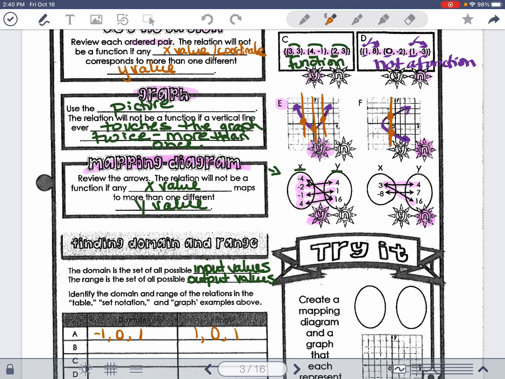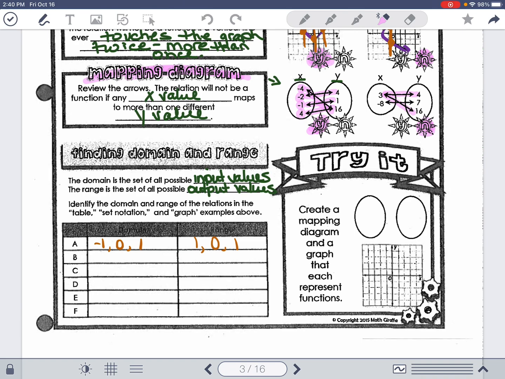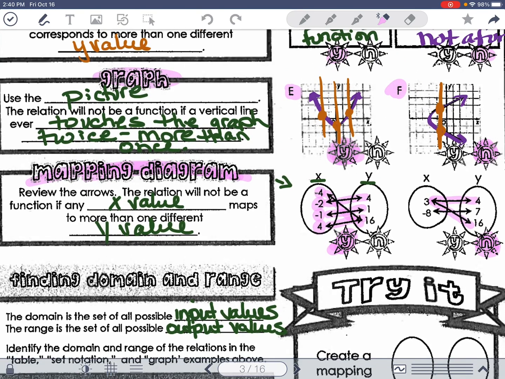Okay, the only difficult ones here to really see are E and F. So I'm going to go down to E and F. Letter E is asking you for the domain, which is all the x values. So if this graph kept going on and on and on, all the x values on this graph is all real numbers. It's everything on the x-axis, all real numbers.